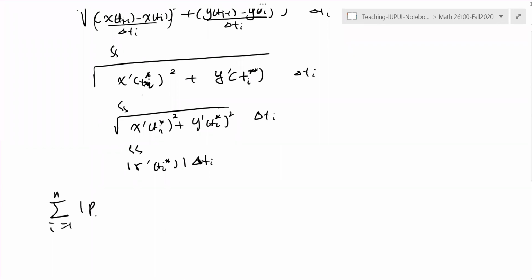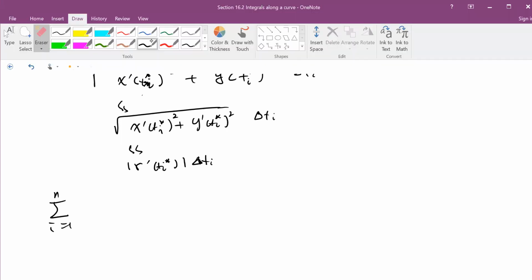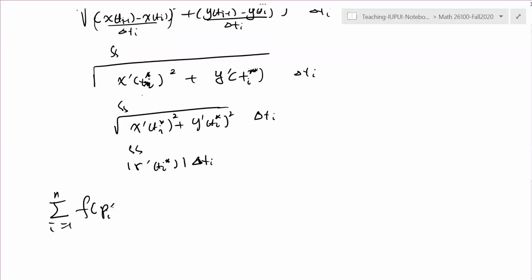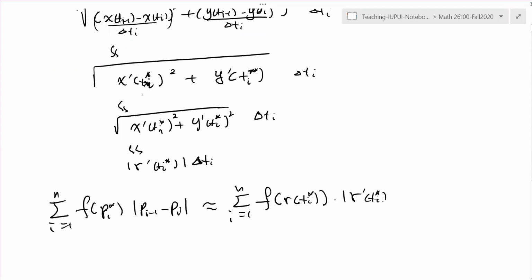So the above approximation of f at ti star and ti minus 1 is approximated by f of r(ti star), and this is the length of the tangent vector at some point, times delta t.